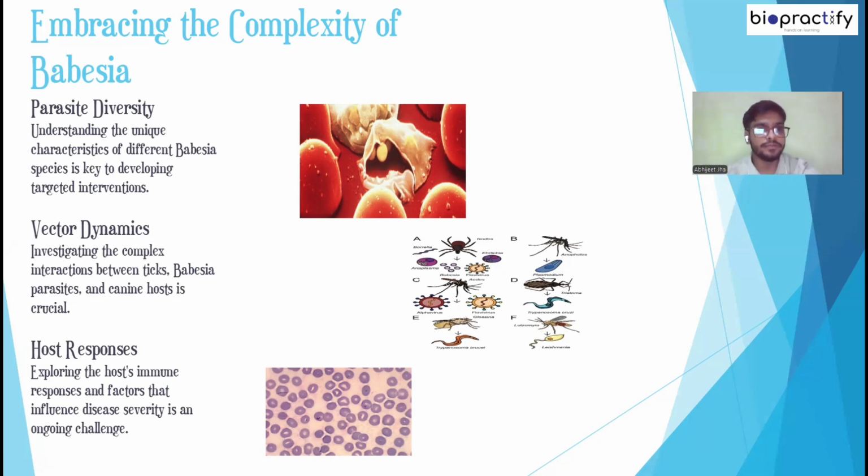And second point is vector dynamics: investigating the complex interactions between ticks, Babesia parasites, and canine hosts is crucial. Host response: exploring the host immune responses and factors that influence disease severity is an ongoing challenge. Now, leaving the list, we will discuss a summary of the overall PPT.